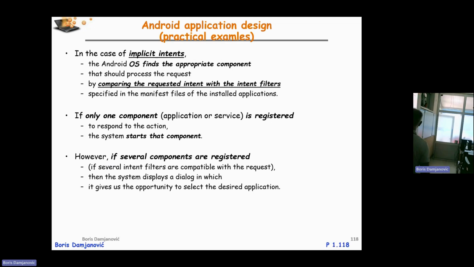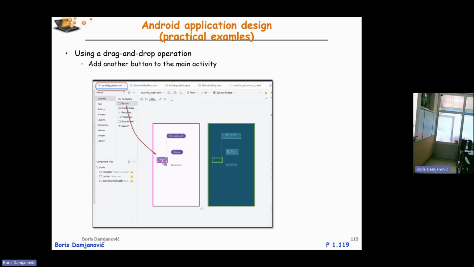So if we have only one component, if we have only one browser, it will be shown. But if we have multiple browsers, we will be given the option to choose which browser we want to use.